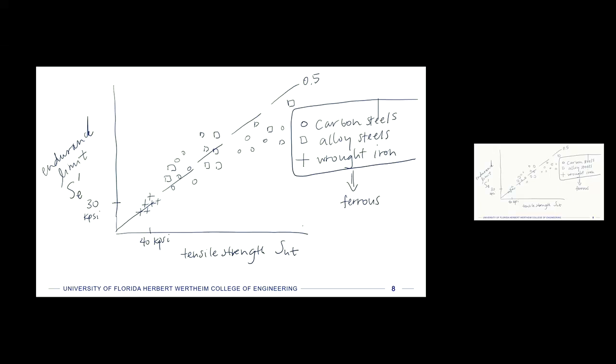Out at the top here, this might be like 260 kpsi. And then over here at the highest would be, if it's about a half, 130 kpsi. We can draw different lines that represent different slopes, so we could do a 0.6 and a 0.4.